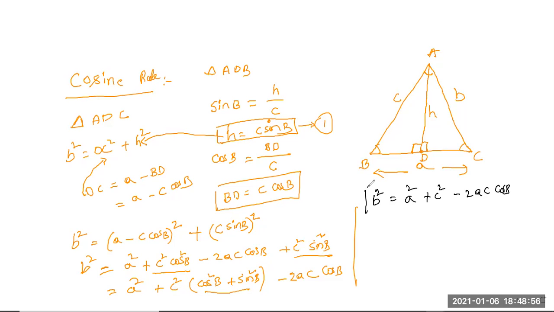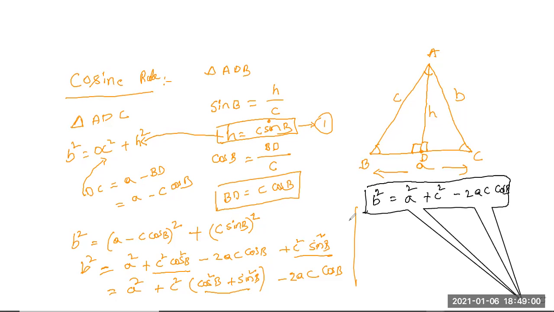So you can write cos B as, so if I take 2AC cos B here and b square here, what you will get, 2AC cos B is A square plus C square minus b square, right?